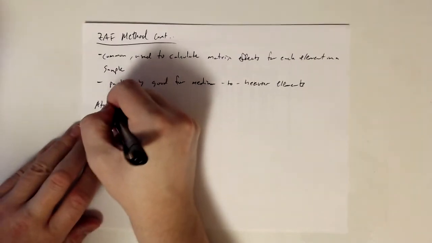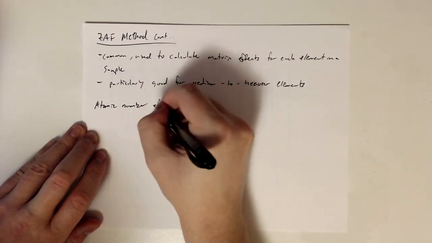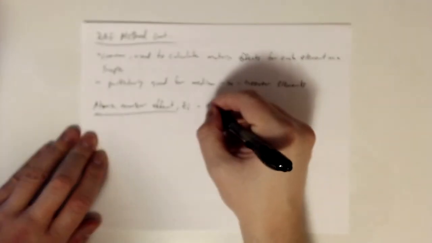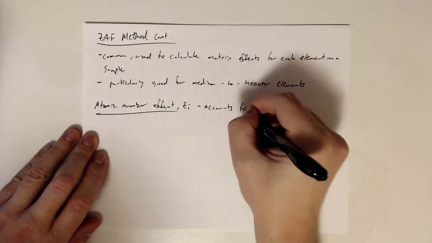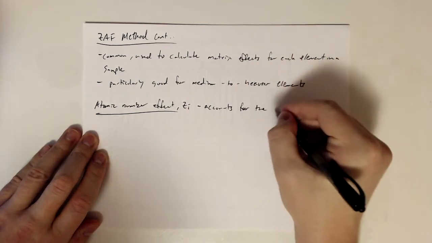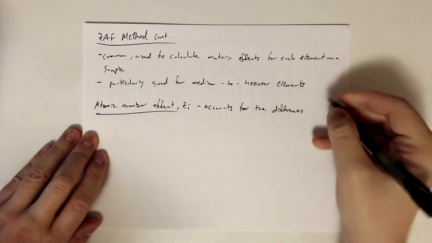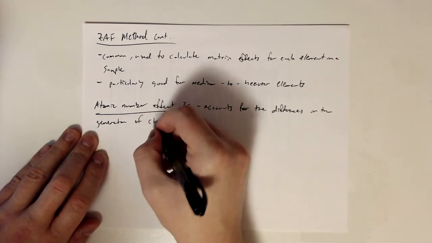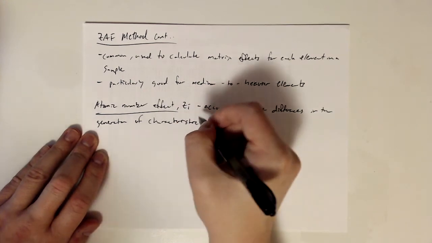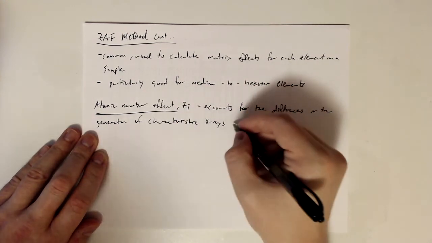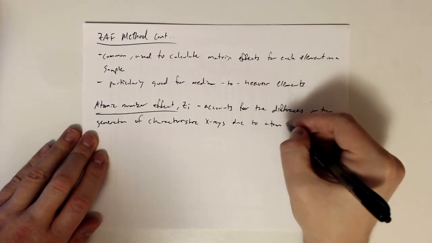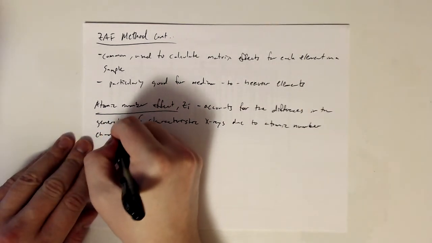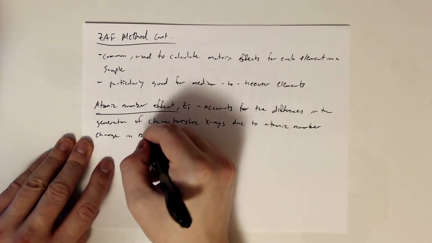Again, the atomic number effect, and that is Z. This accounts for the differences in the generation of characteristic X-rays due to atomic number, so the atomic number change in the matrix.